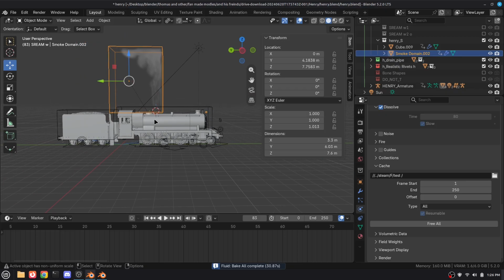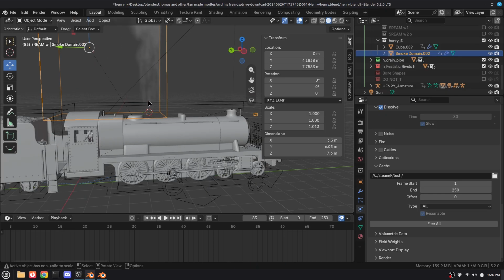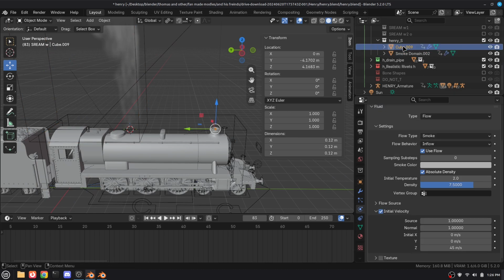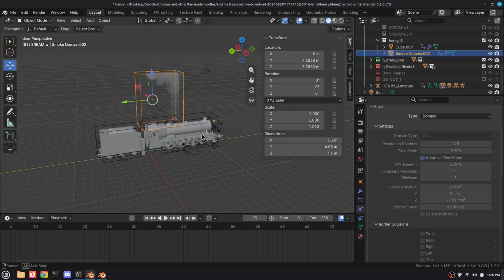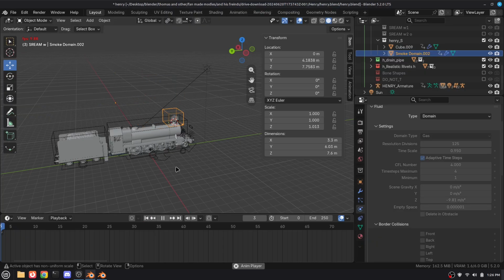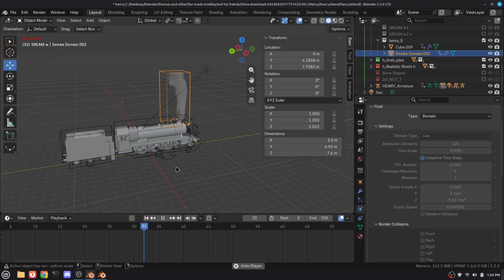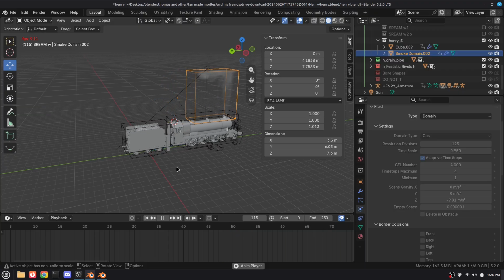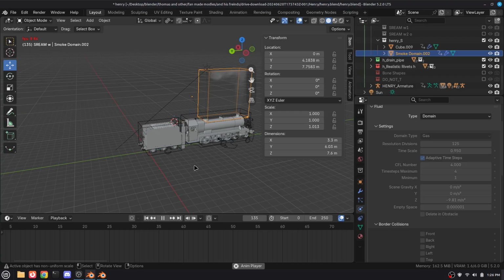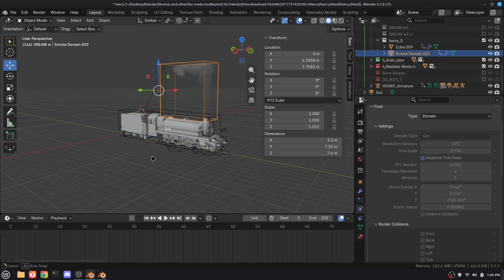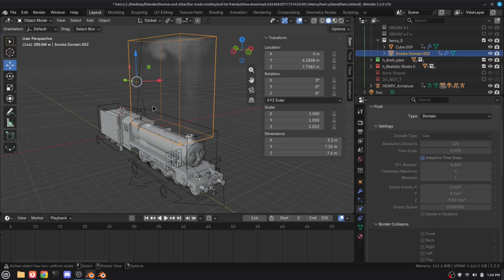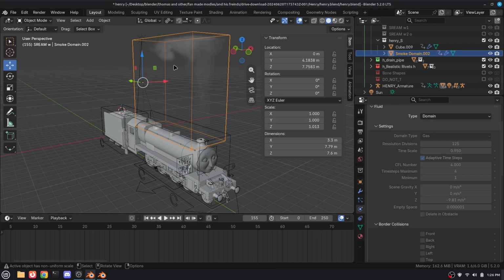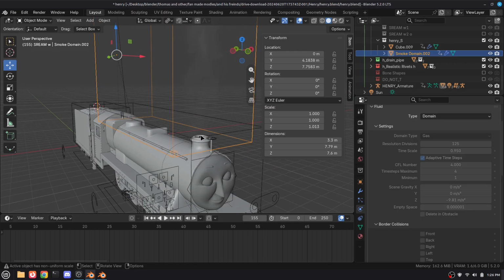Yeah, look what it gave me. The cube is here, but the domain is here. Let me play this. Well, sometimes it does that, but now look at it. It's like this thing is not here.